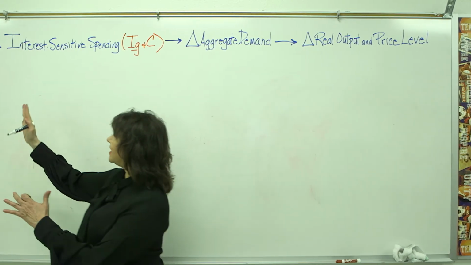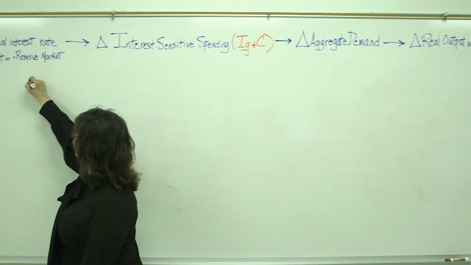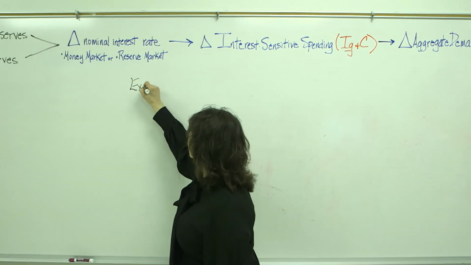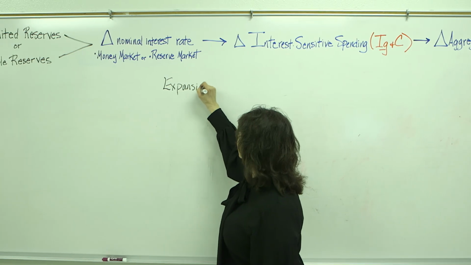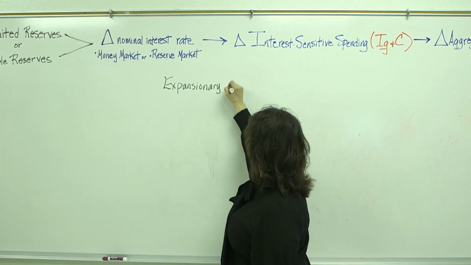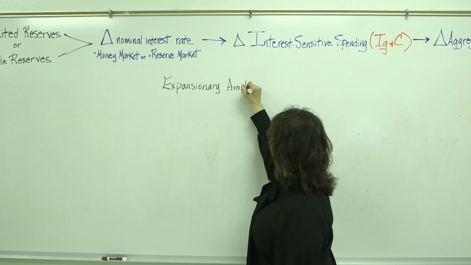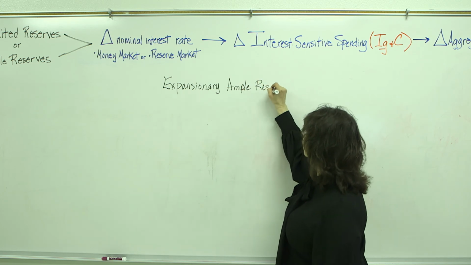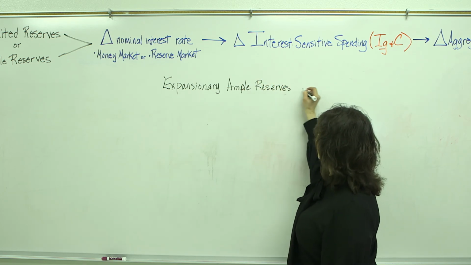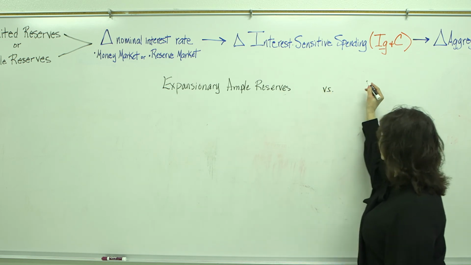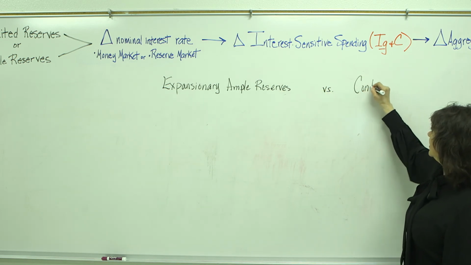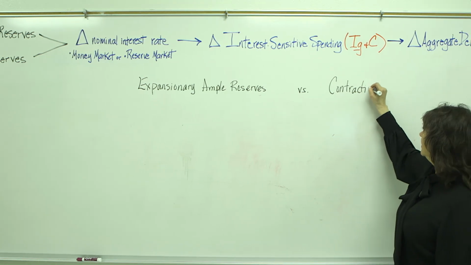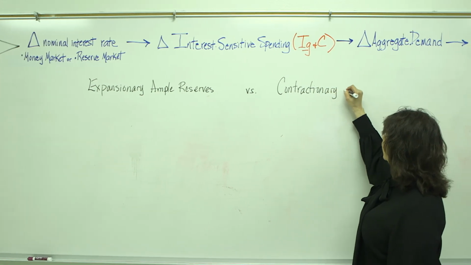All right, I'm going to come back over here. We're going to have expansionary ample reserves. Then I'm going to compare that with contractionary ample reserves.